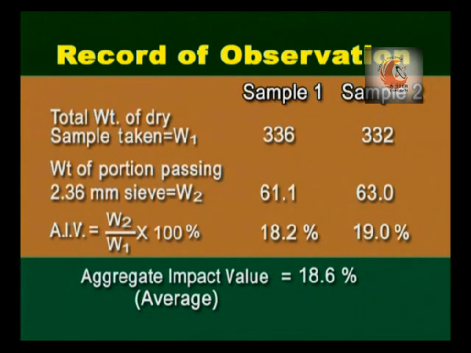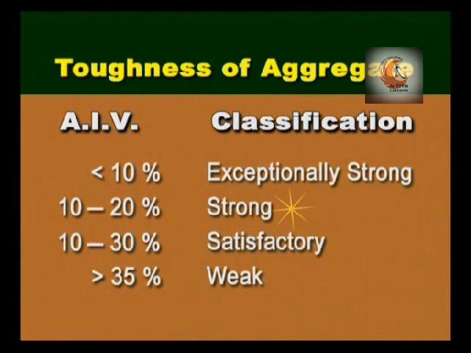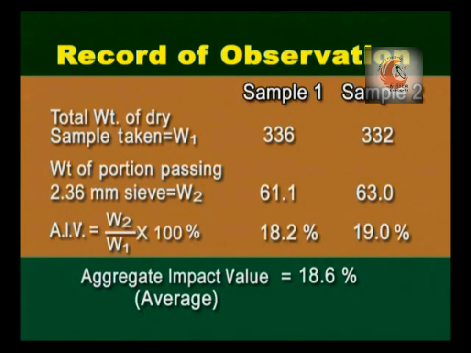For the aggregate sample tested here, the impact value is found to be 18.6%. Therefore, this aggregate is classified as strong. It meets the criteria for use in road construction as well as for concreting operations.